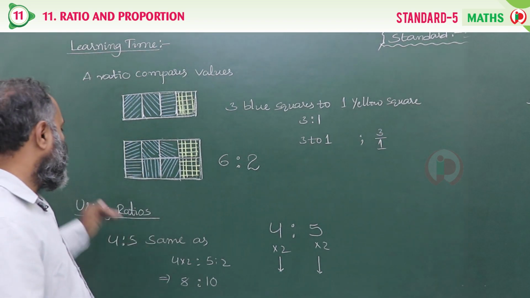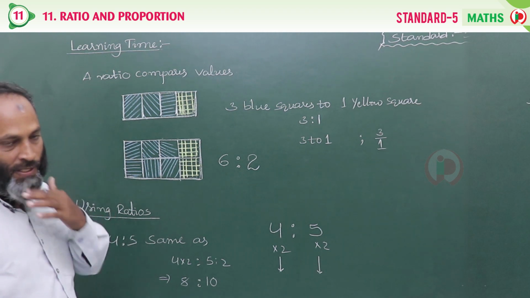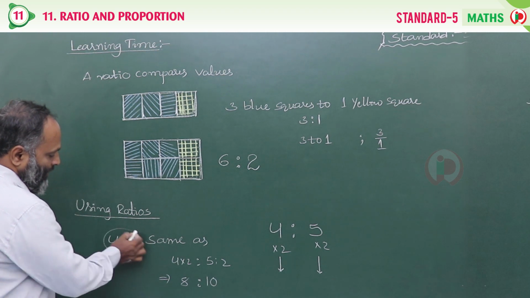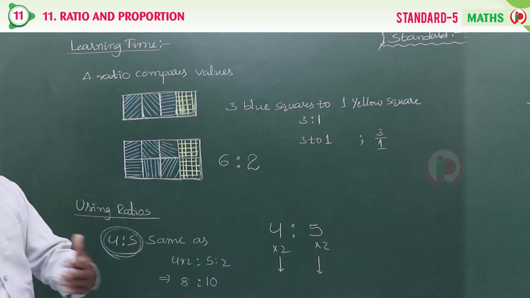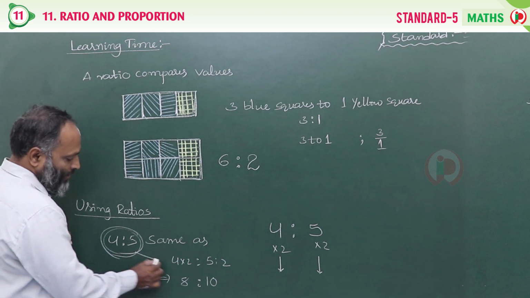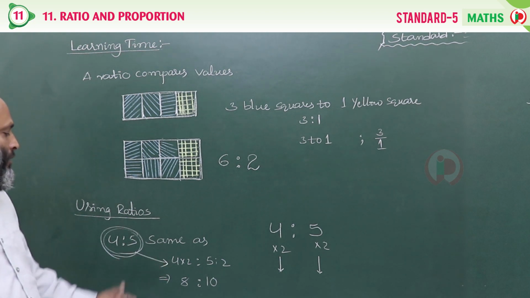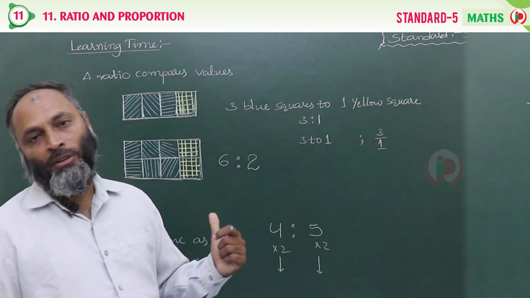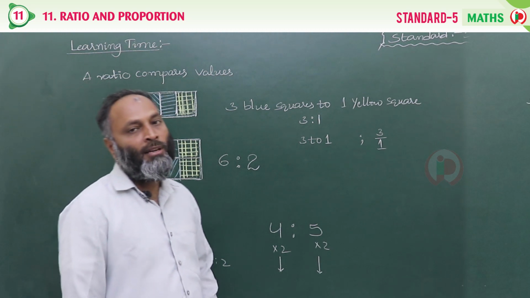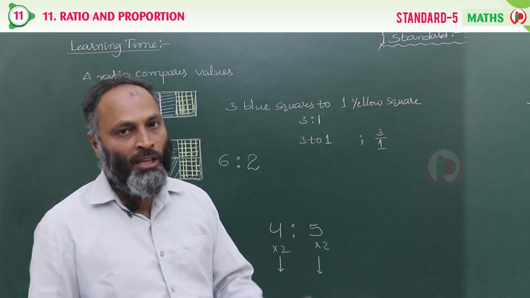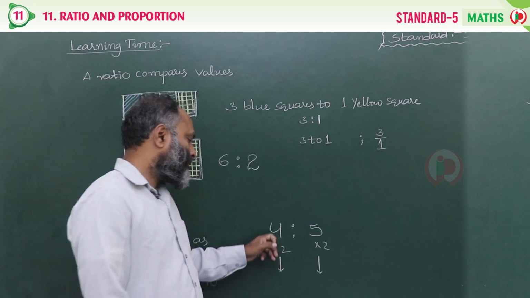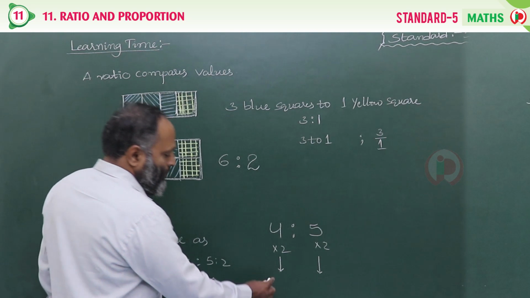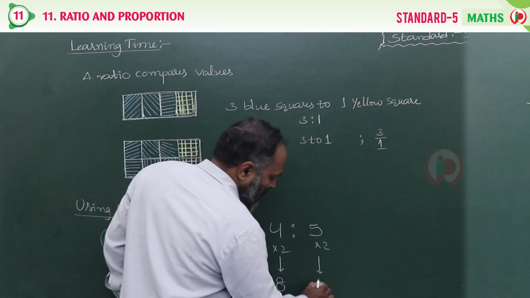Now, how to use ratio? See here, 4:5. This is the ratio, 4:5. There is one easy method to make an equal ratio. Take 4:5 and multiply both 4 and 5 with the same number, either 2, 3, 4, whatever, and you'll get an equal ratio. 4 into 2, 5 into 2: 4 twos are 8, 5 twos are 10.